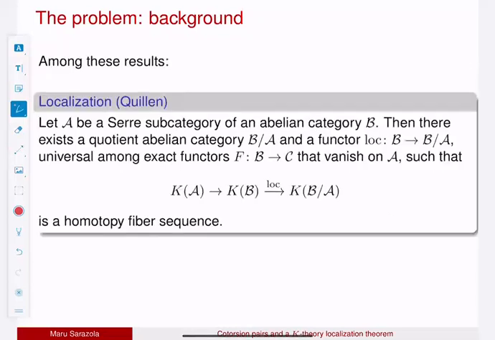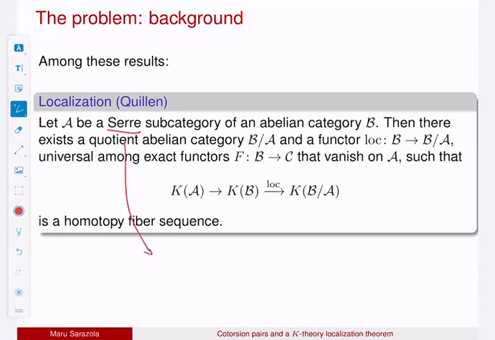So among these results where we try to find homotopy fiber sequences, there's really not that many of these, but probably one of the most famous is Quillen's localization theorem. So what does this theorem say? It says, let A be a Serre subcategory of an abelian category B, where this Serre word is a condition on the short exact sequences.